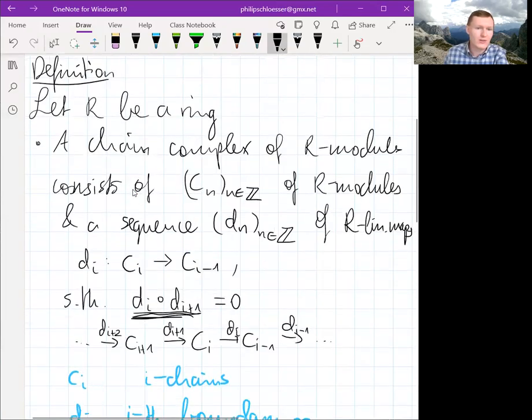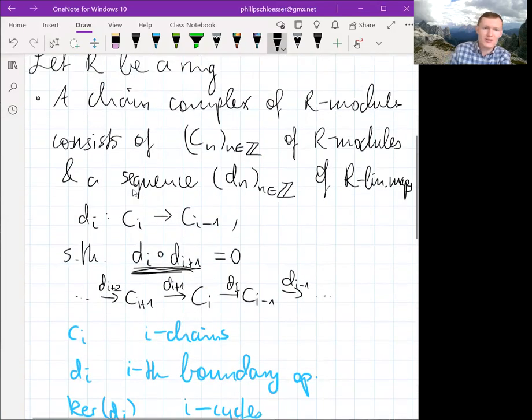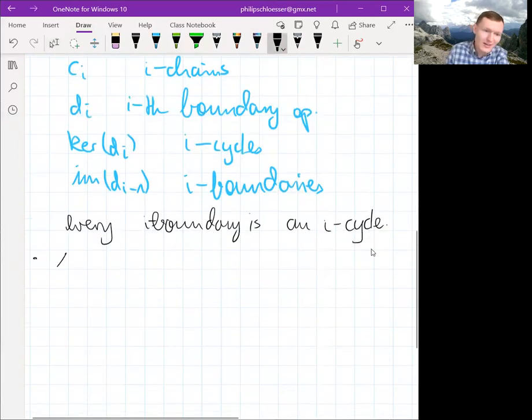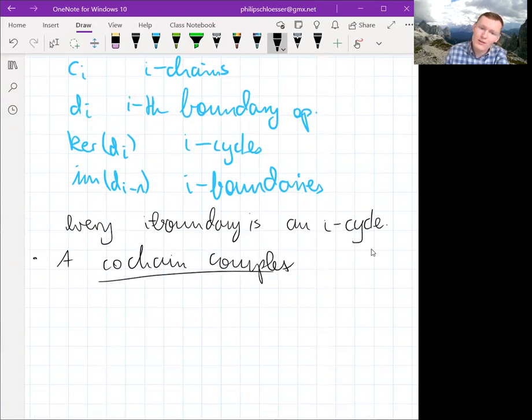Now we can also define the dual notion of this, namely a cochain complex, which is a chain complex in the opposite category. Probably not that helpful.